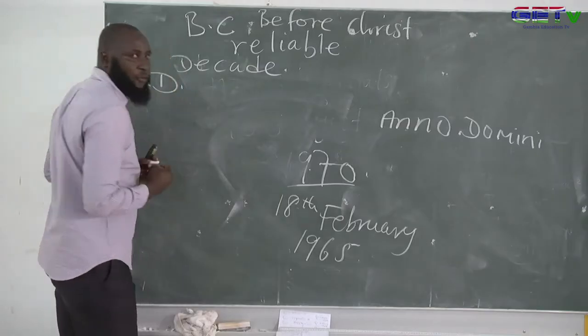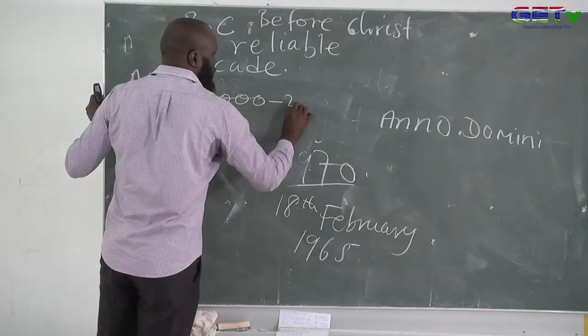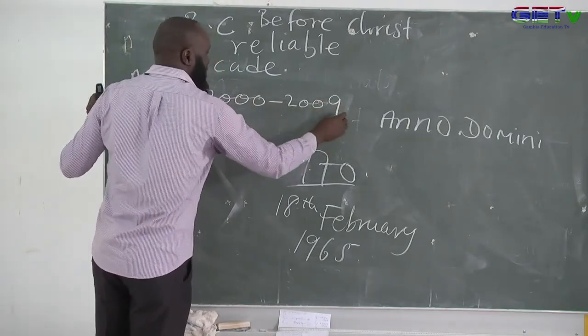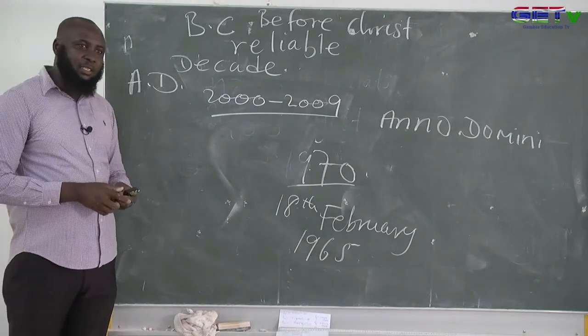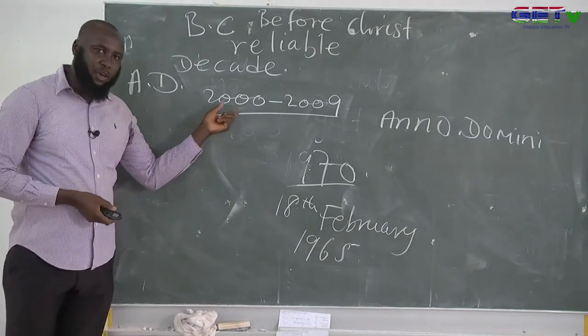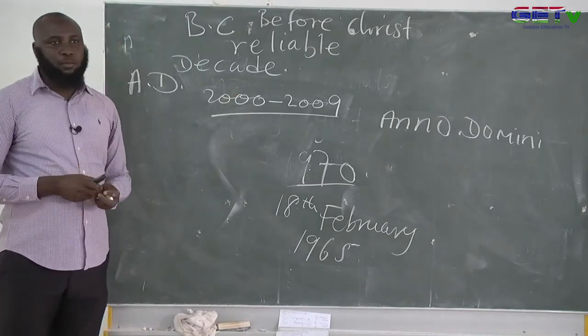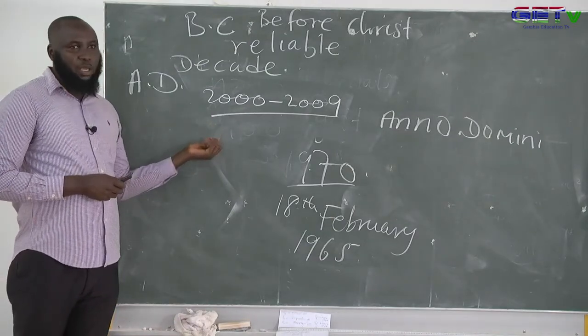For example, from 2000 to 2009, this is considered as a decade because it covers a period of 10 years. So every 10 years, we consider it to be a decade.